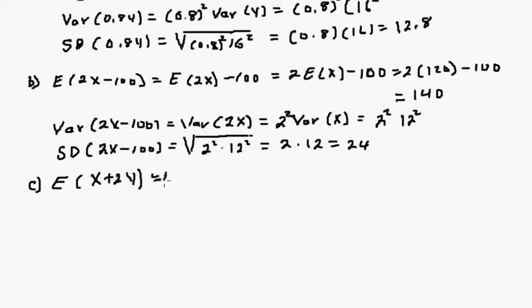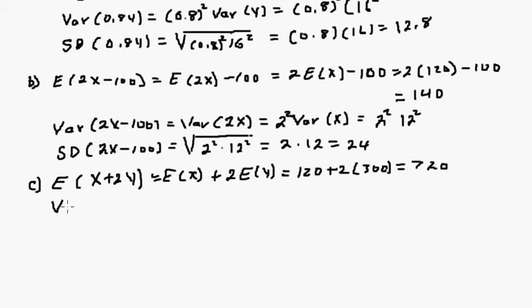So that's equal to the expected value of x, and I'm going to skip a step, plus 2 times the expected value of y. So the expected value of x was 120 plus 2 times the expected value of y, which is 300. So that would be 600 plus 120, so 720.